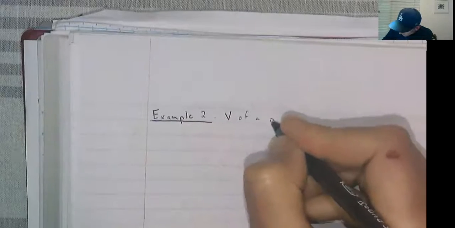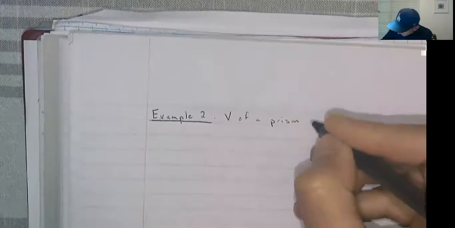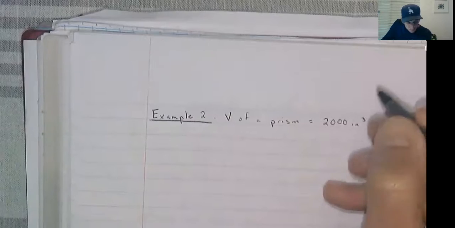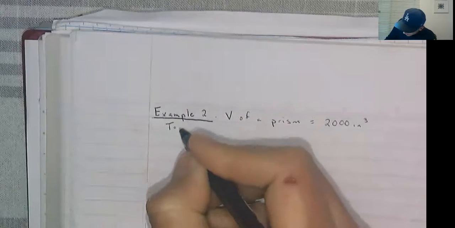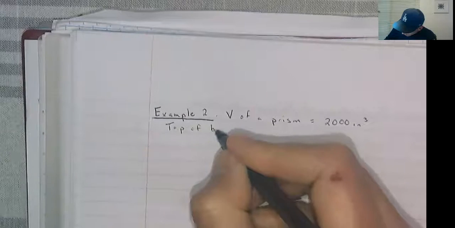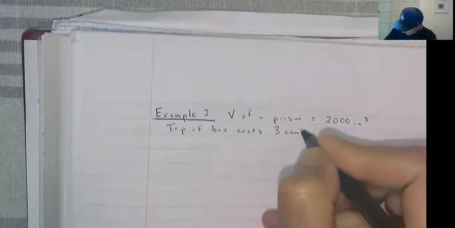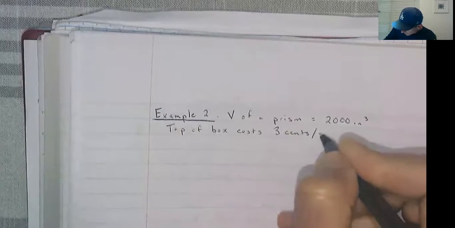Okay, so example 2. We've got the situation here. We've got the volume of a prism equal to 2,000 cubic inches. And we've got that the top of the box costs 3 cents per square inch.